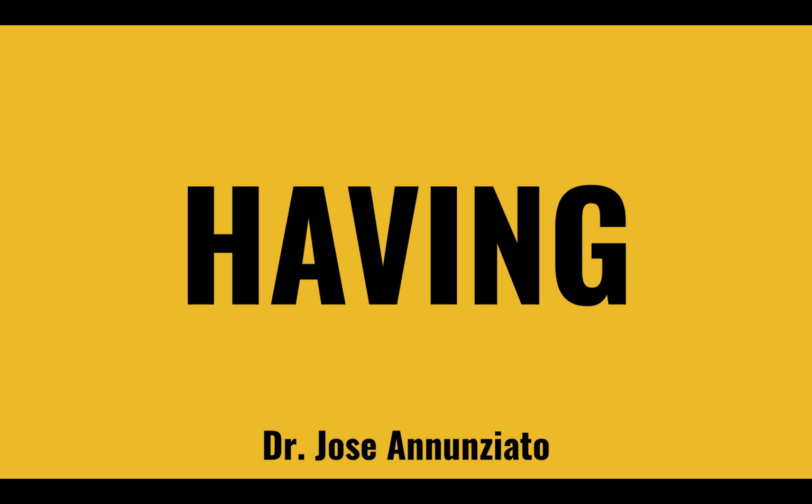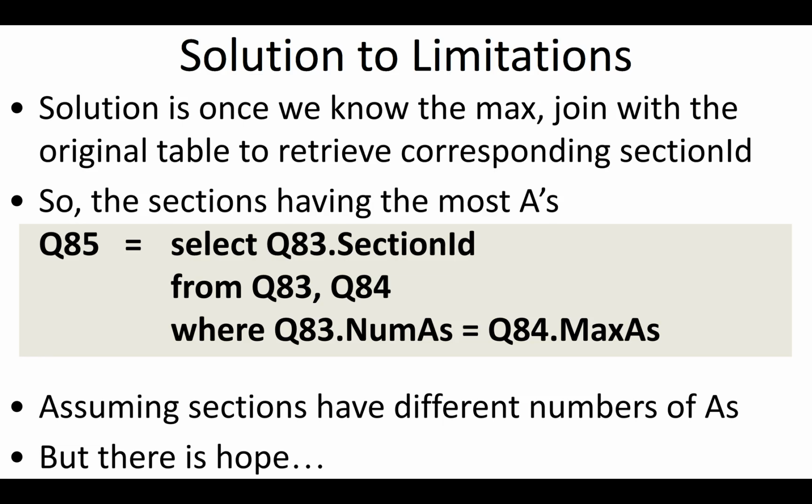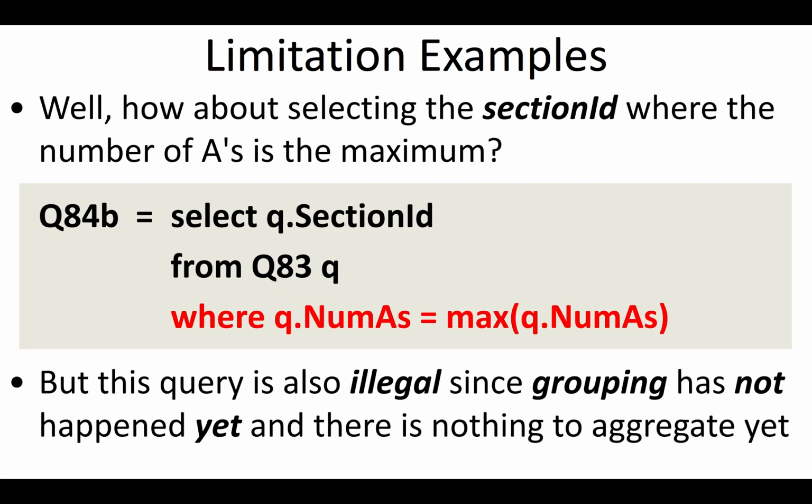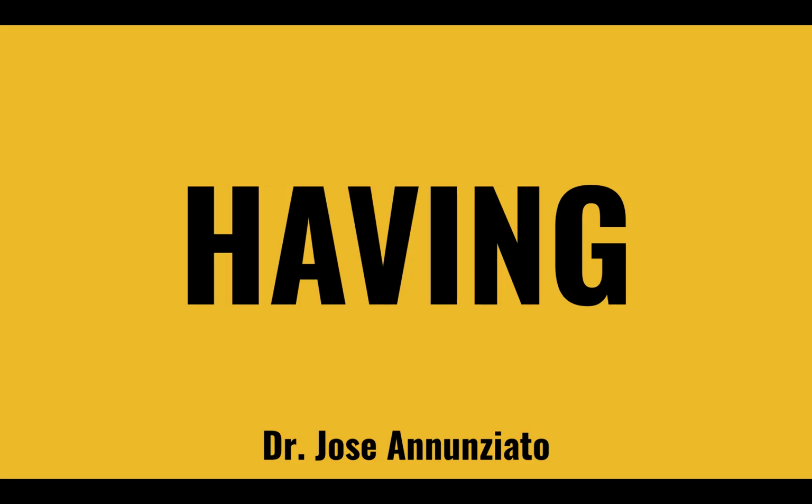So we have limitations there, of not being able to use aggregates on the where clause, right? But there's hope. The hope is that this became such a useful feature, of saying, hey, I'd like to be able to do aggregates on the where clause. That'd be great, right? Well, having allows you to do just that.